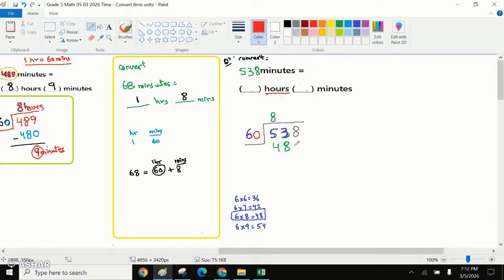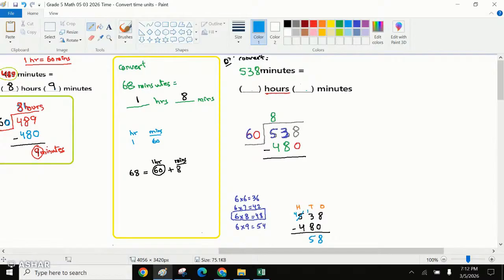And we had a 0, we simply put a 0. When we subtract these numbers, 538 minus 480. These were the ones, these were the tens, and these are the hundreds. 8 minus 0 would be 8. 13 minus 8 is 5.